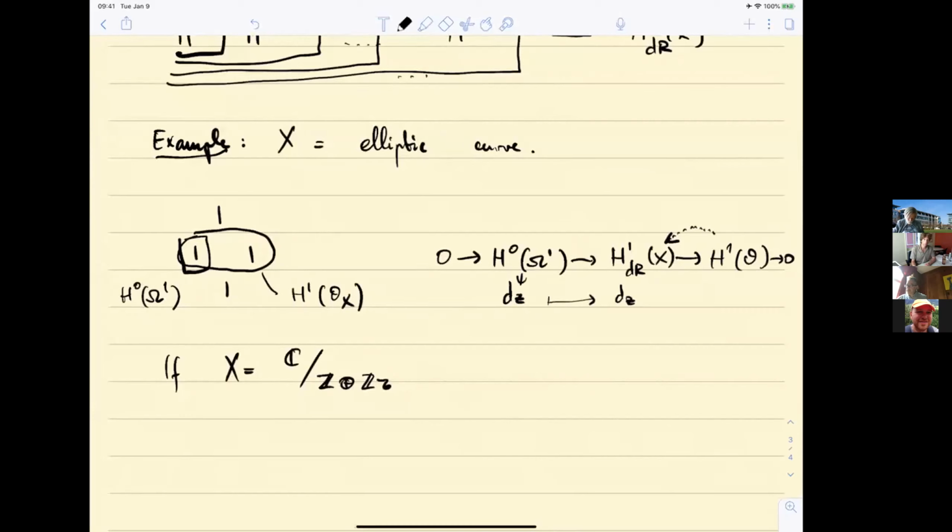And to split this Hodge filtration, I need to pick some other element of H^1 de Rham, which will be the image of the generator of H^1 of O. Both of these spaces are one-dimensional. This space is two-dimensional. And I just need to figure out where H^1 of O goes.